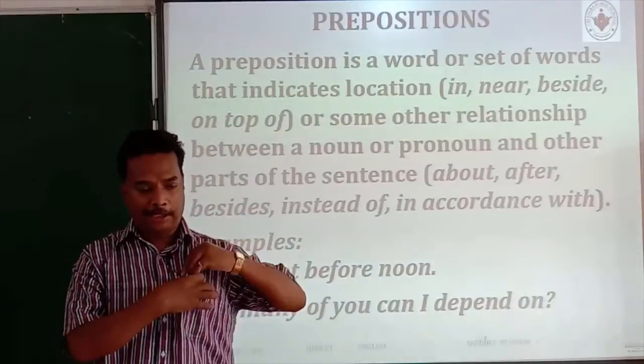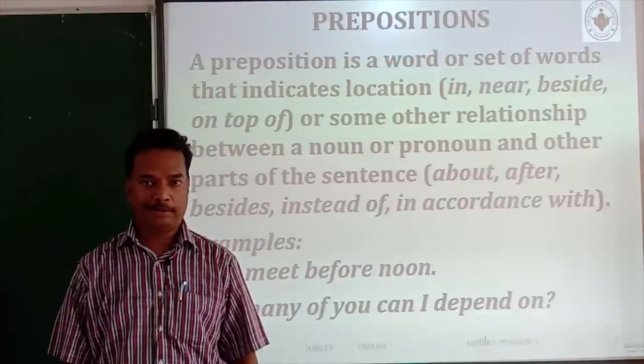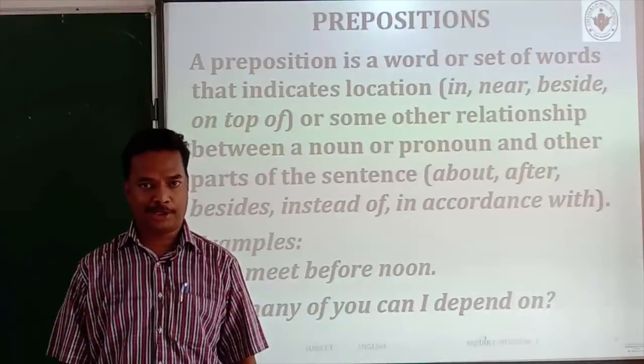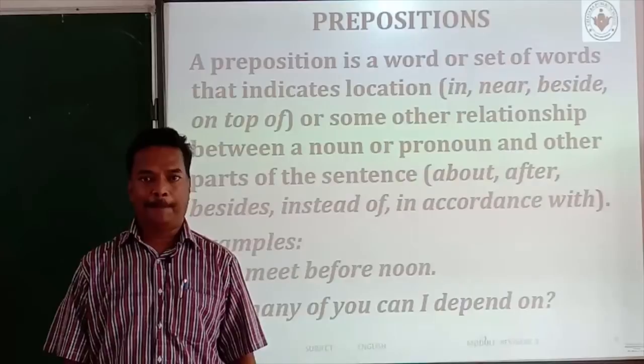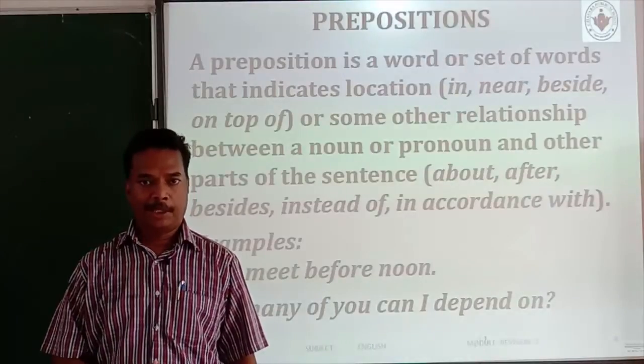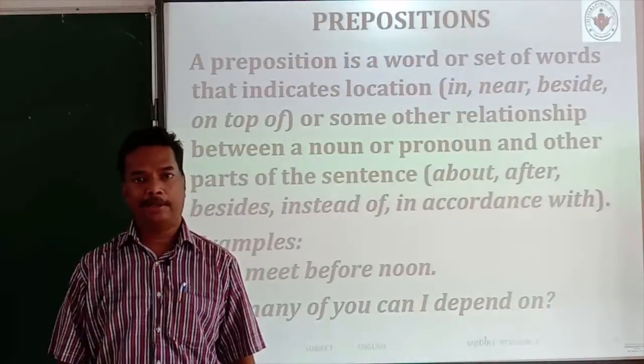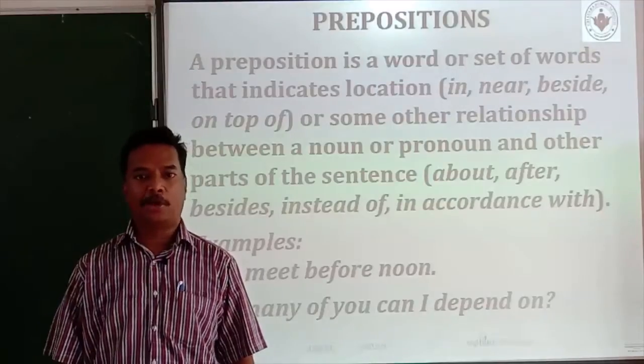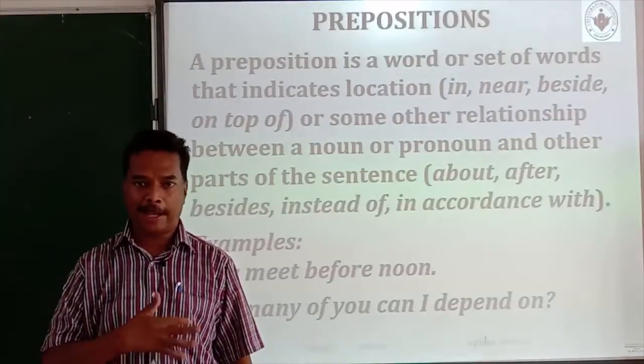Now you see, where is the pen now? It's in my pocket. So I say the pen is in my pocket. So the preposition in shows a relation between the pen and the pocket.